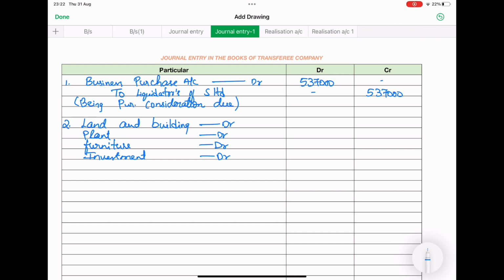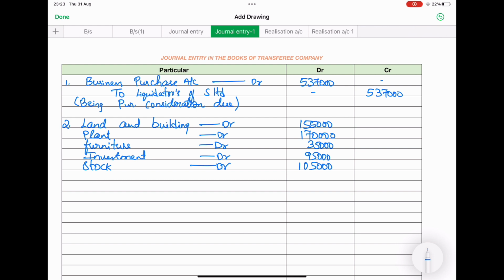So land and building, we have 1,55,000 on the asset side in S Limited. Next 1,70,000 plant and machinery. Furniture we have 35,000. Next we have 95,000 as the investment value. After investment we have stock account. Stock value 1,05,000. Next debtors account. I'll write debtors, you may get confused.